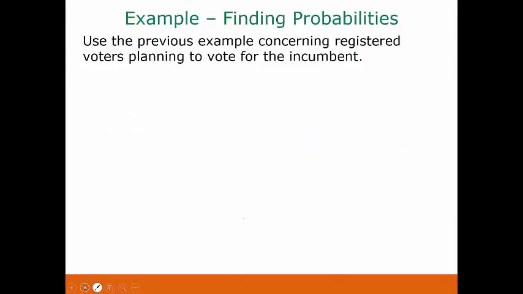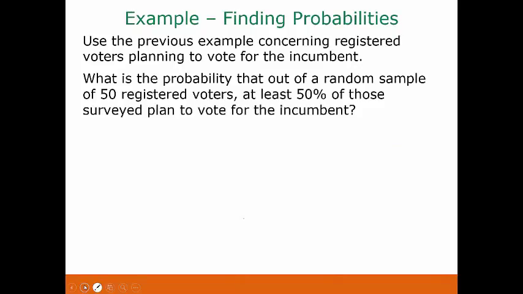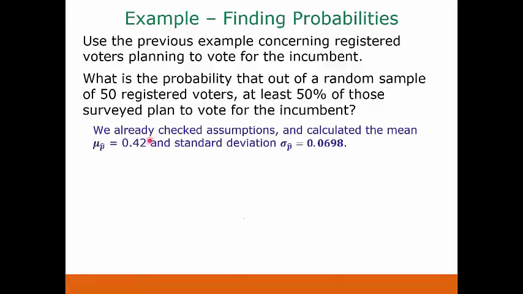Here's an example. We're going to use the same example we have been. Using that, we want to find the probability that out of a random sample of 50 registered voters, at least 50% of those surveyed plan to vote for the incumbent. So we already checked our assumptions, and we calculated the mean as being 0.42 and the standard deviation as being 0.0698.